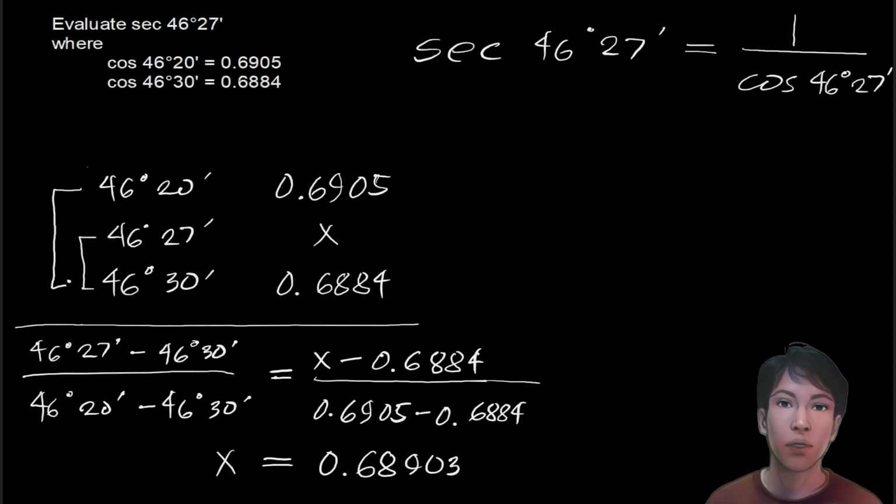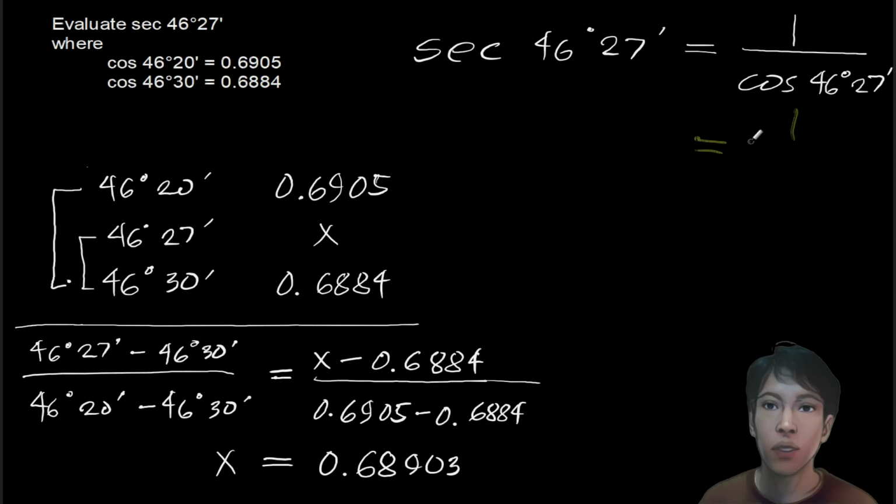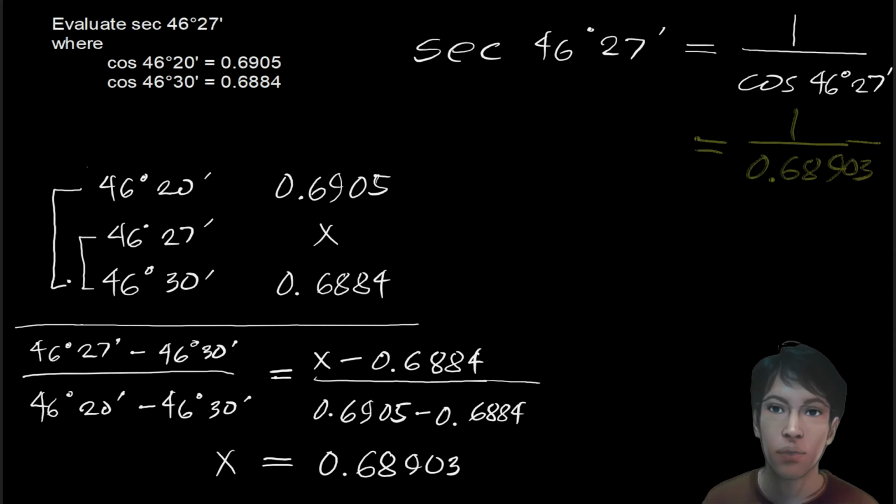So the cosine of 46 degrees 27 minutes is this value. I can now write this as 1 over 0.68903.